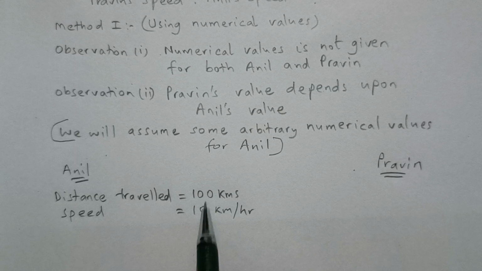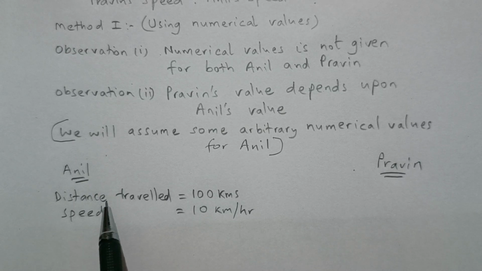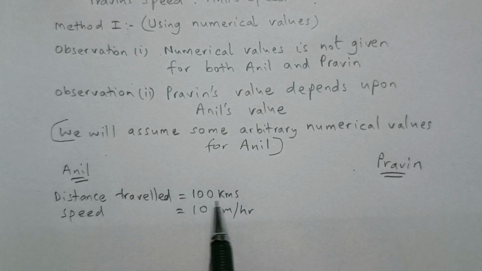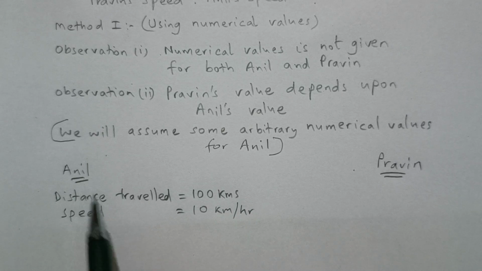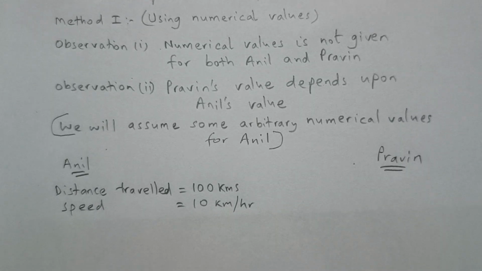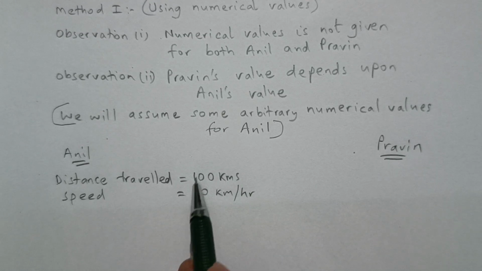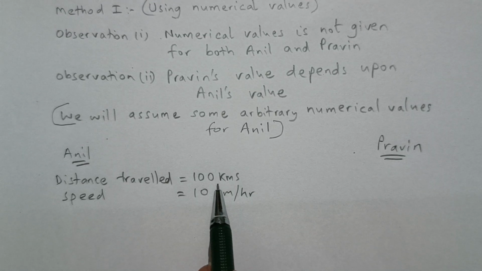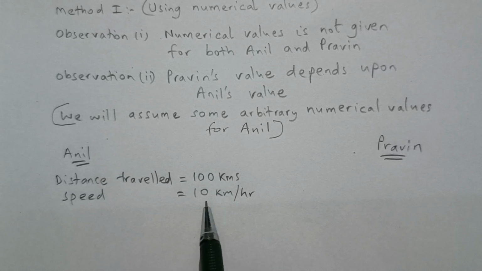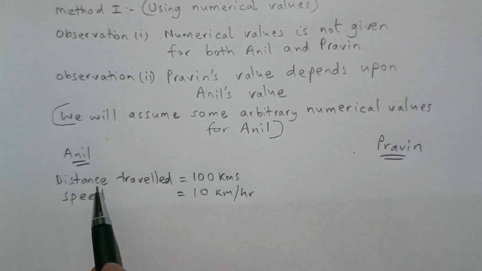These are the two arbitrary numerical values I have taken for Anil: the distance traveled is 100 kilometers and the speed is 10 kilometers per hour, and based on this we will solve this question.